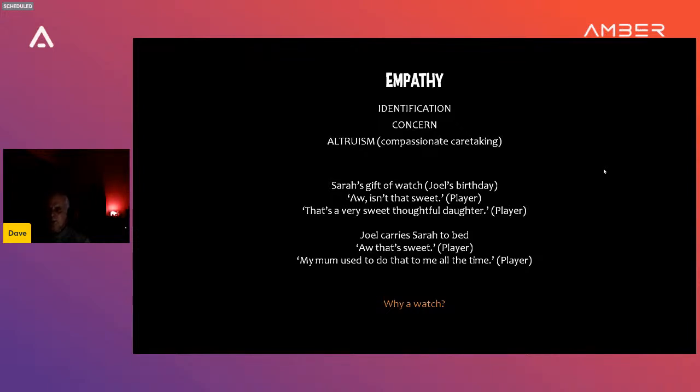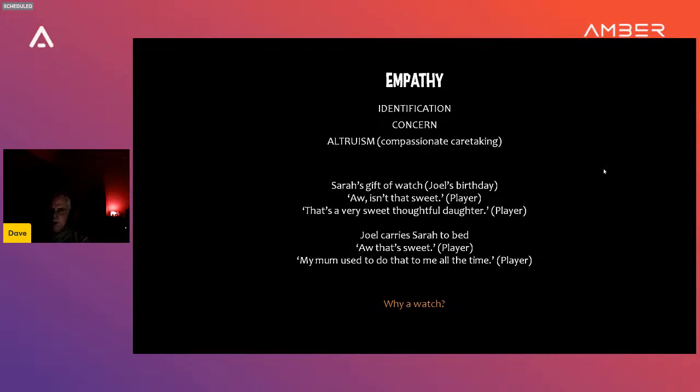Normally when you're demonstrating some sort of compassion or altruism within a character, we tend to think in terms of sacrifice. How much time, effort, what do they sacrifice? And that's kind of how the value of that gift grows. It's the amount of sacrifice that went into it.